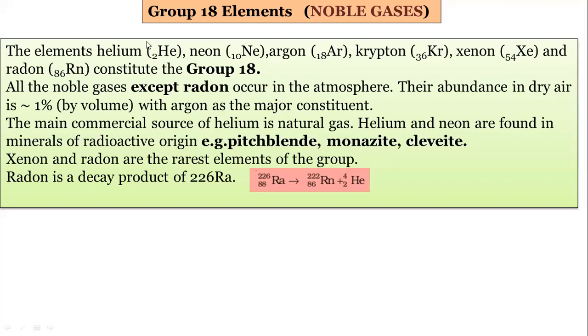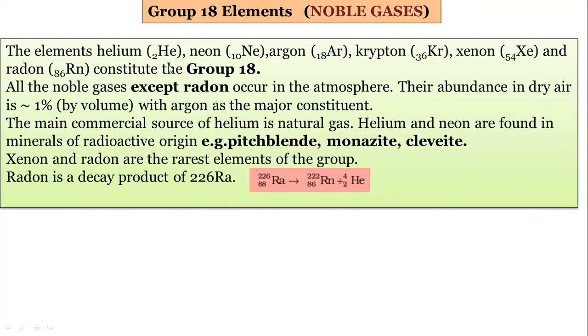Now we are discussing the noble gases. Noble gases, or its IUPAC name, group 18 elements. Their outermost shell is already completed. Helium atomic number is 2, neon atomic number is 10, argon atomic number is 18, krypton 36, xenon 54, and radon is 86.